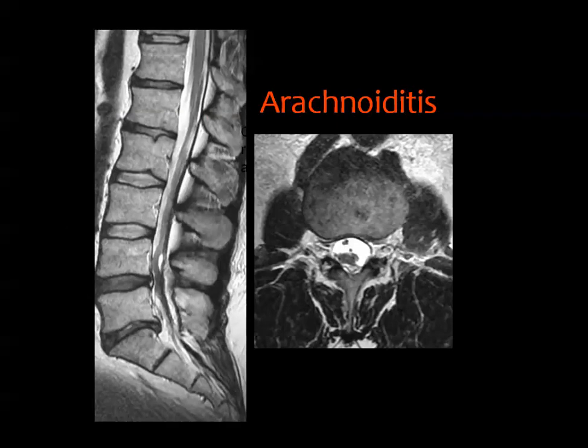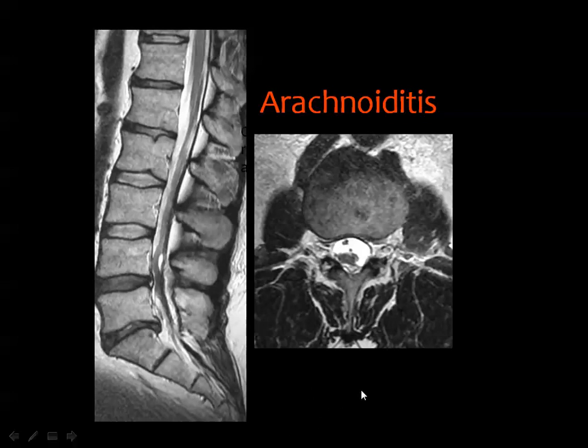And this is a case of arachnoiditis, and I should remind you not to diagnose arachnoiditis in the sagittal images, because the patient is lying on his back and the nerve roots are usually collected together in the posterior aspect of the thecal sac, and in many cases you cannot discriminate between normal nerve roots and nerve roots secondary to arachnoiditis.